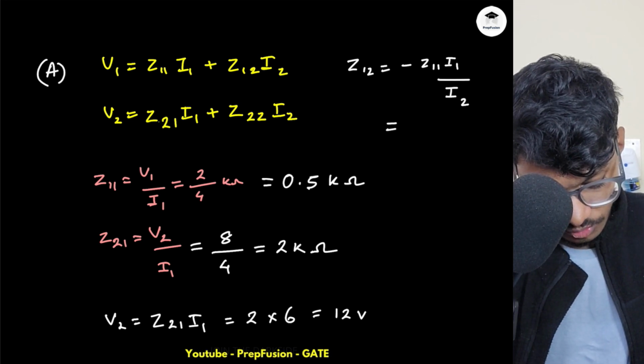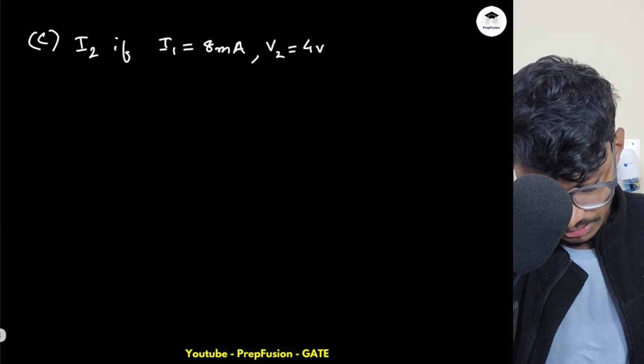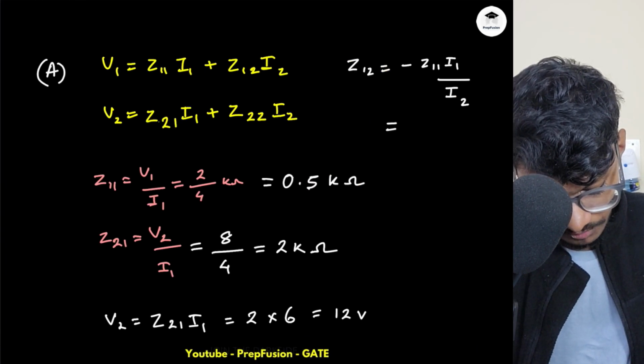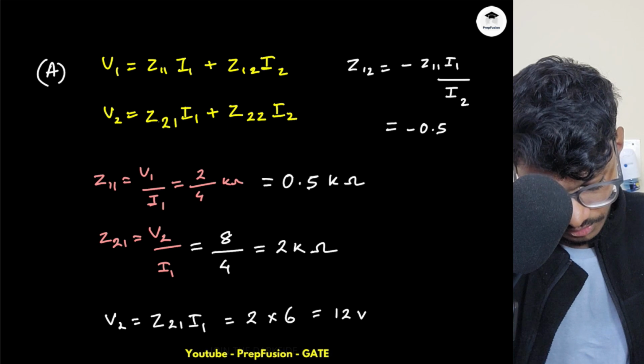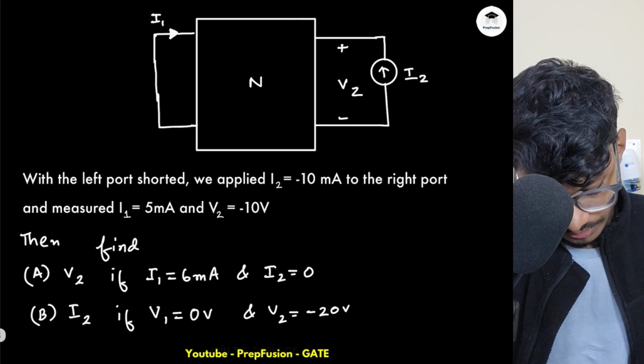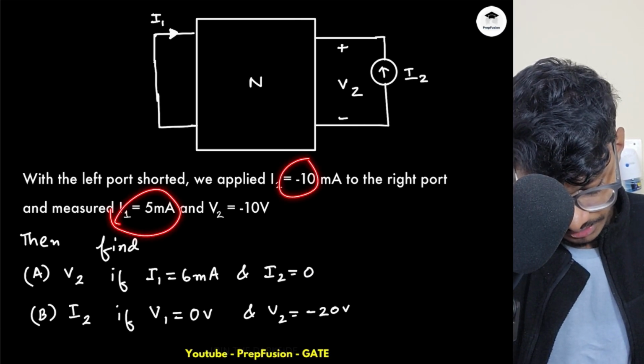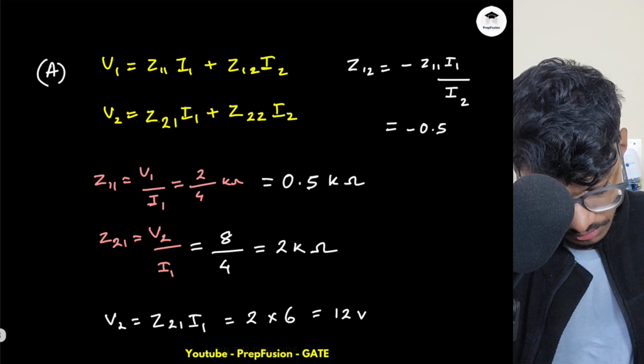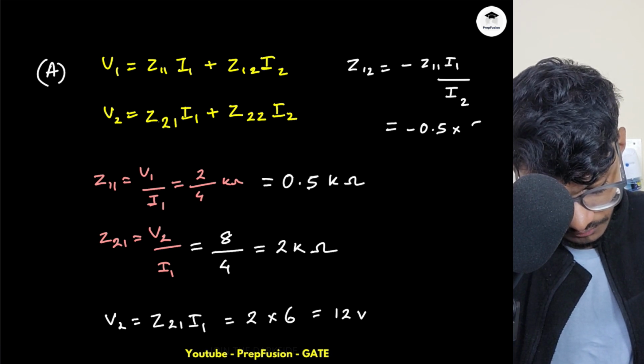So this is simply equal to minus, what is Z11? Z11 I have already computed, it is 0.5. What is I1 by I2? I1 is 5 and I2 is minus 10, so into 5 divided by minus 10.